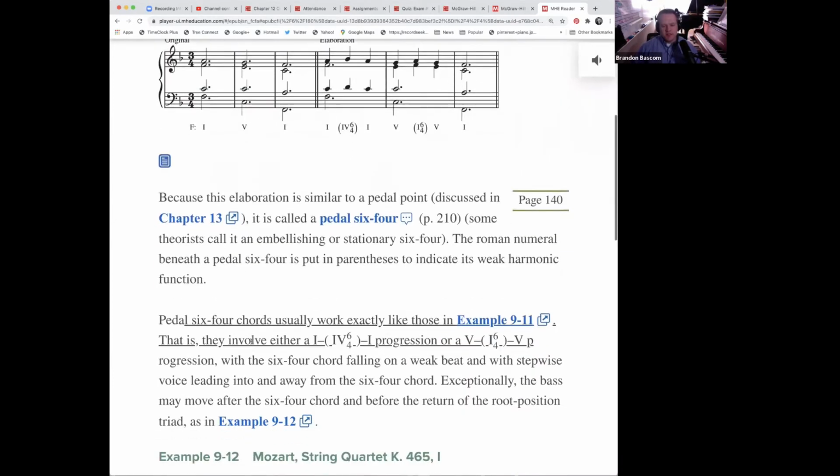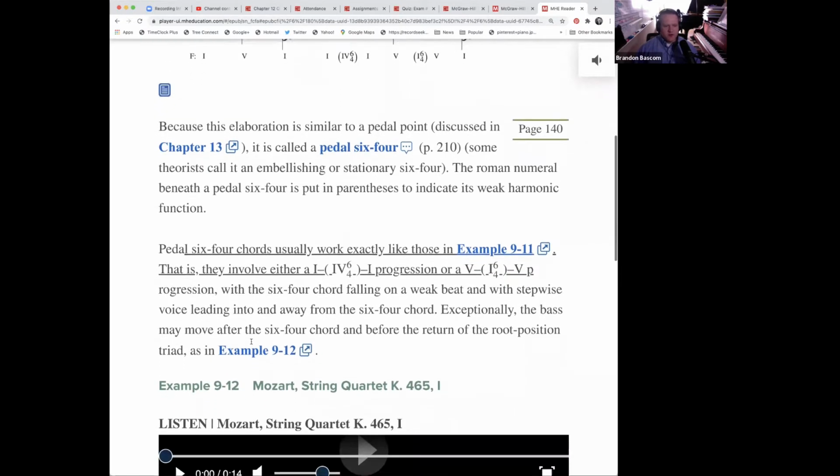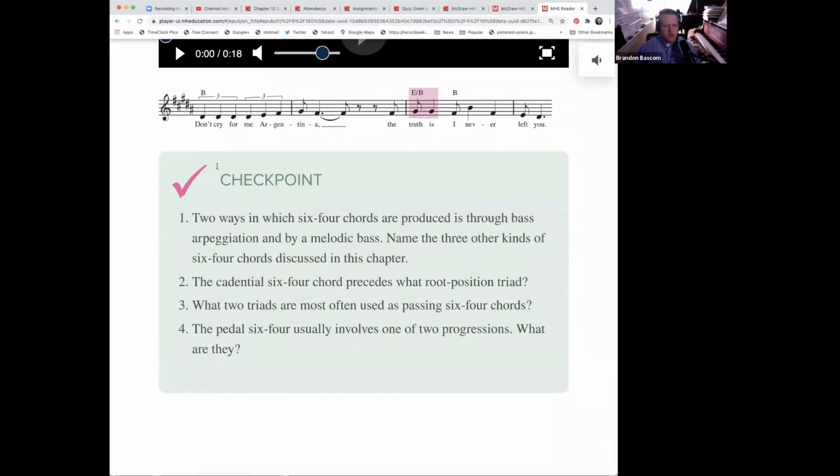Sometimes it's called an embellishing or stationary 6/4. Two ways in which 6/4 chords are produced are through bass arpeggiation and a melodic bass.